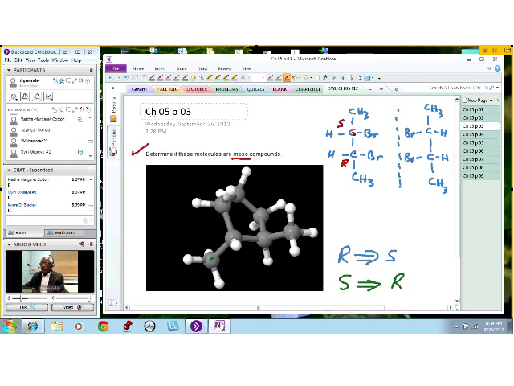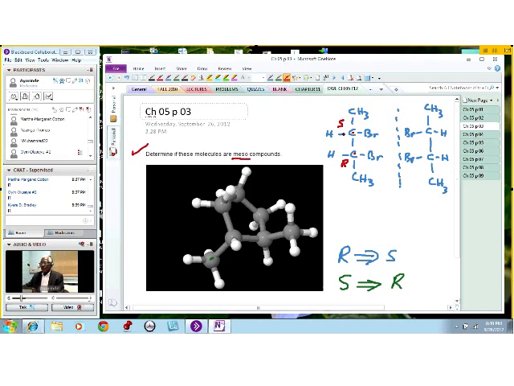If you look at each one of those chirality carbons, you ask yourself, each one of them are attached to the same groups. In other words, this carbon is attached to bromine, attached to methyl, attached to hydrogen. The same thing on this carbon, attached to bromine, attached to methyl, attached to hydrogen. So both of the carbons are attached to the same groups or atom.